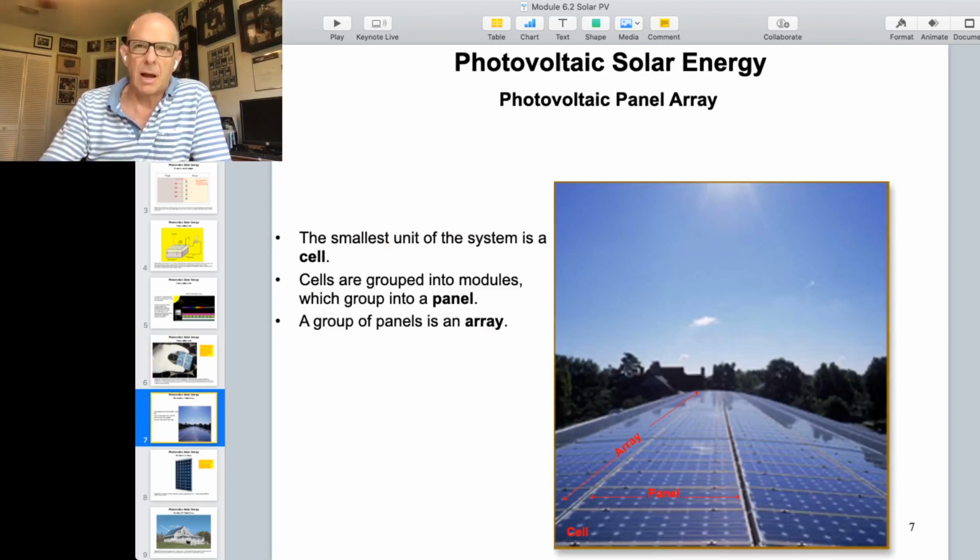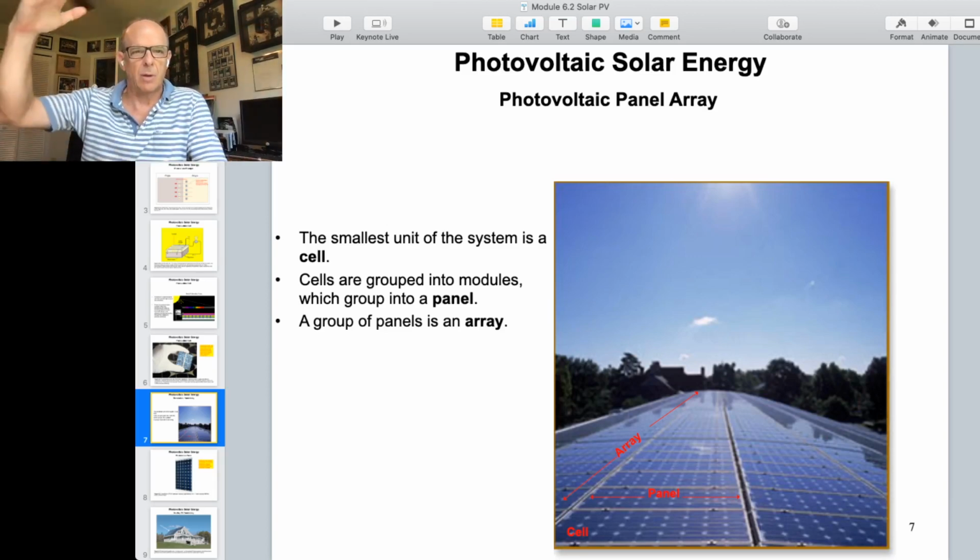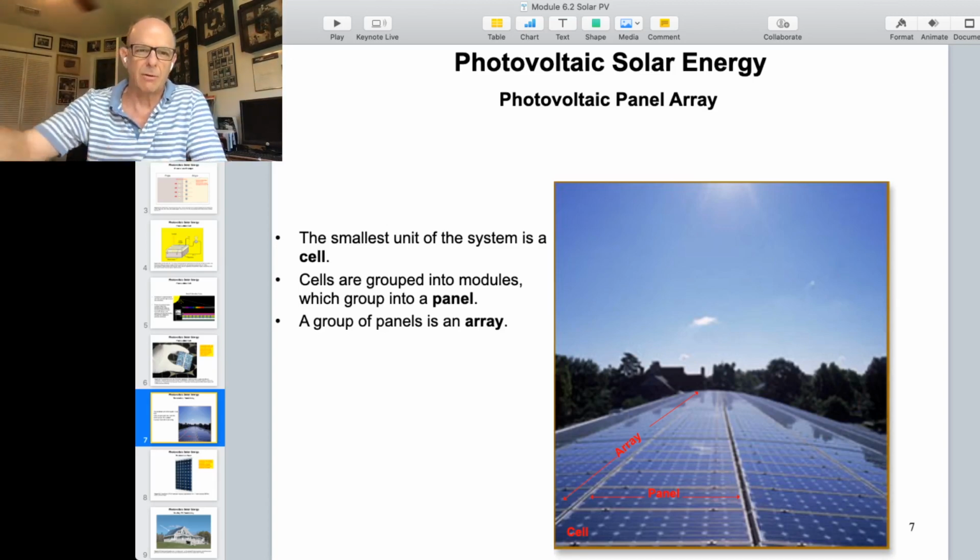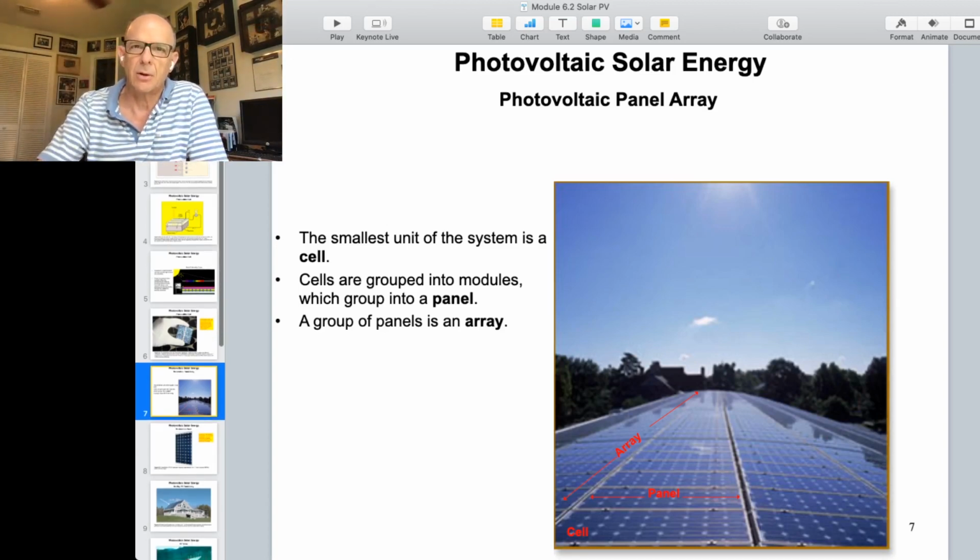So you get a lot of those cells together, and we hope that they can be economically competitive and viable, so it's not too expensive. And they come in panels that are 1 to 2 square meters in size, and then you put a whole bunch of those panels together and create an array.